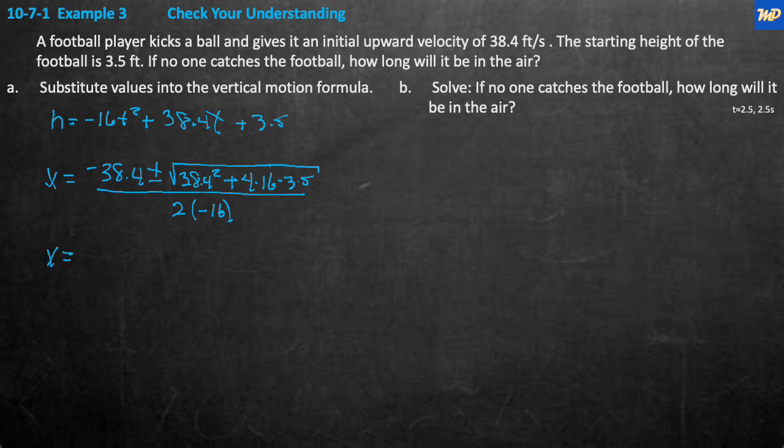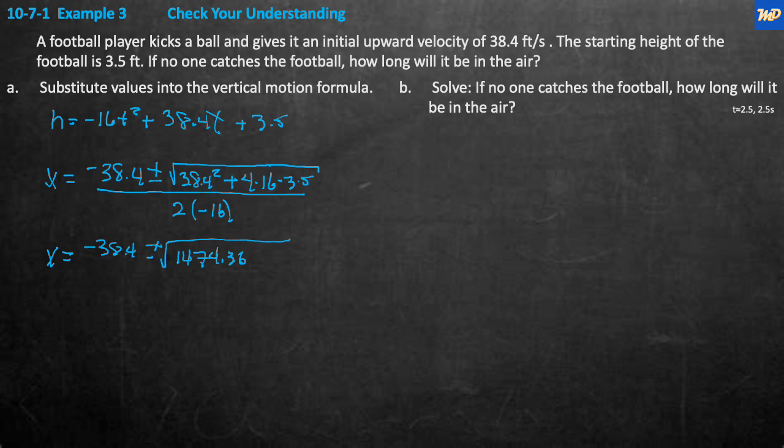Okay, the next, we'll write it one more time. X equals negative 38.4 plus or minus the square root of 38.4 squared, and I did that. It comes out to 1474.36.